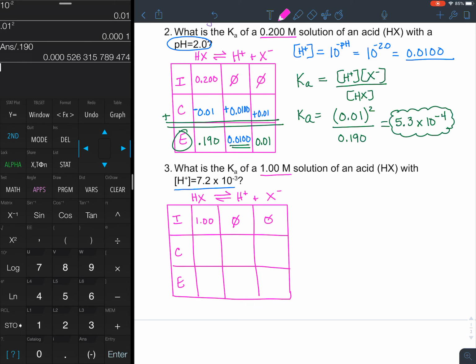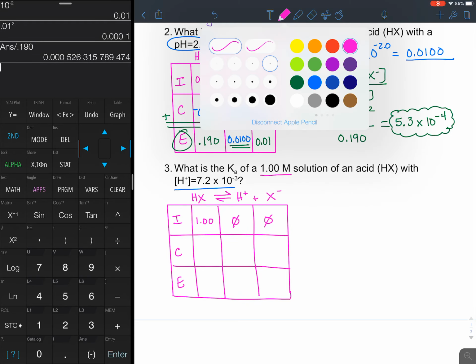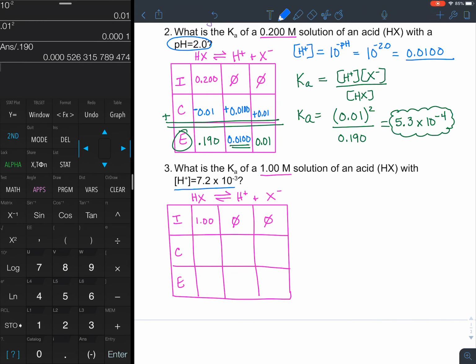We're putting this into water, so these start off with 0 for concentration. And that's just the standard way we write that, unless we have a common ion, which we haven't seen anything yet with that. And so then our change is going to be the hydrogen ion concentration. So this goes into the change. We're going to take that away, so subtract it from the left side of the equation.